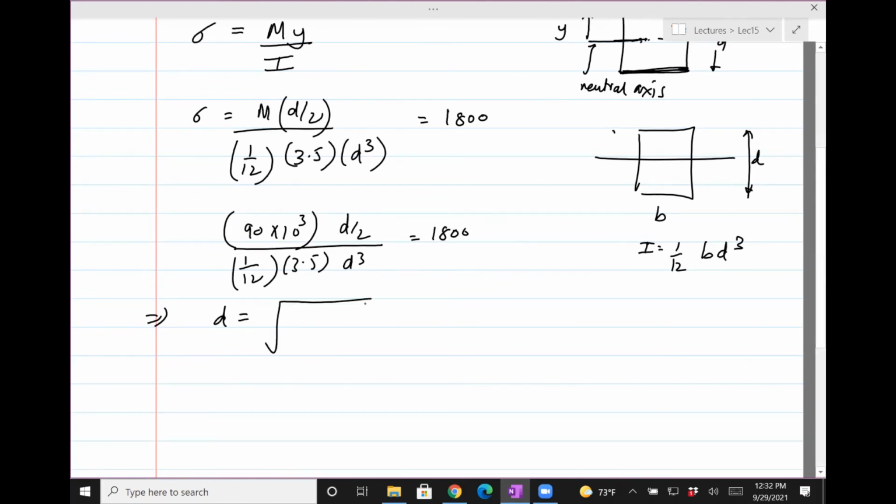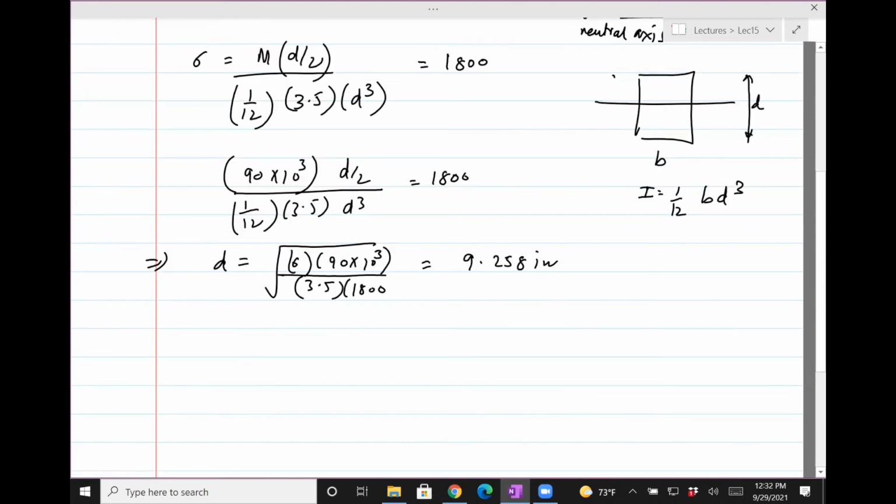In checking on this, I got the square root of 6 times 90 times 10 raised to 3 over 3.5 times 1800, and that comes out to be 9.258 inch. Okay, so far so good.